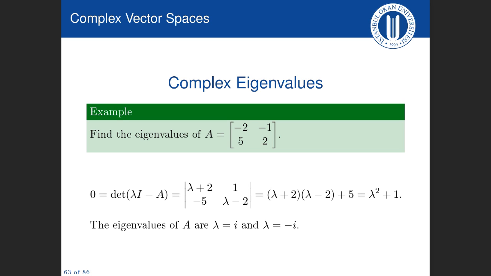That is equal to lambda squared plus 1. What are all the solutions to lambda squared plus 1 equals 0? The solutions are i and minus i. This is a real 2 by 2 matrix, but the eigenvalues are complex numbers. So it's time to start talking about complex numbers again.